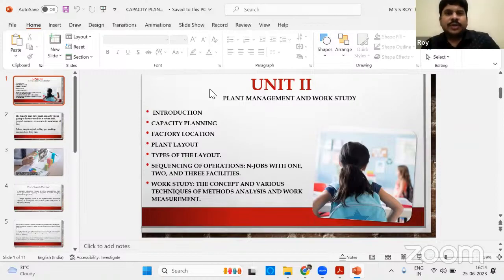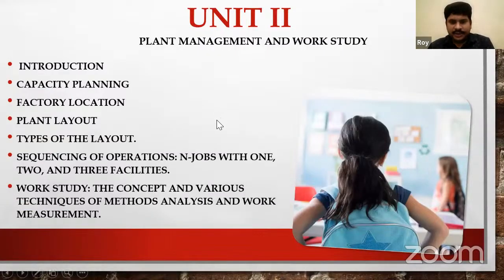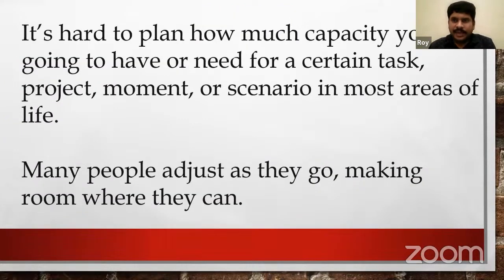Right. We'll try to study what is plant management and the work study in this. Let's go with the capacity planning here. See, whenever we want to start a company or a factory or a plant, we'll look at the capacity. Based on different factors, we'll plan about our capacity, right? If you want to start a plant or a factory, we need to understand certain things.